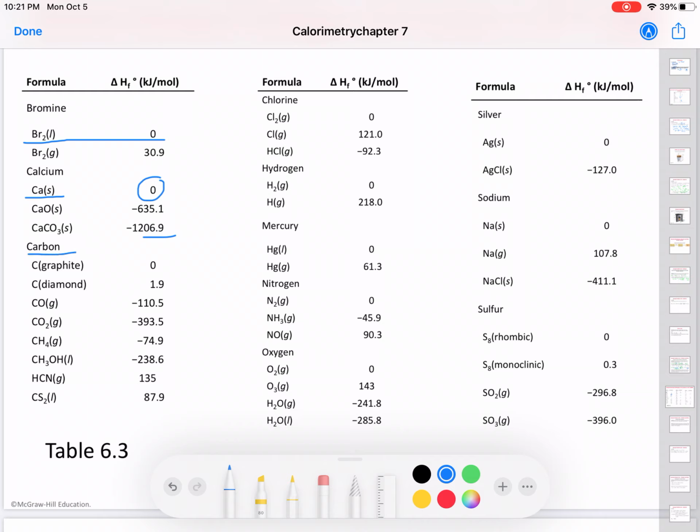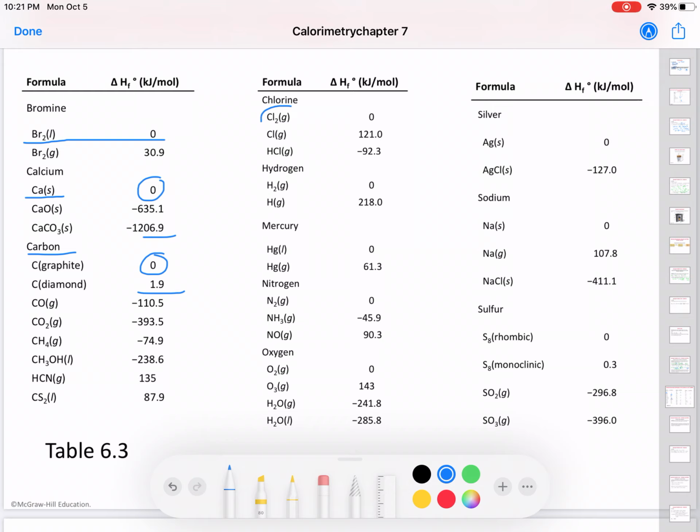If you take carbon, carbon exists in nature as graphite, so that is 0. But for diamond, carbon has to be processed to become diamond, so that has a number. Similarly, all of these other compounds, if they are a combination of more than one type of element, involve an enthalpy of formation.